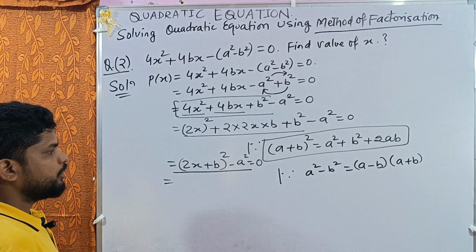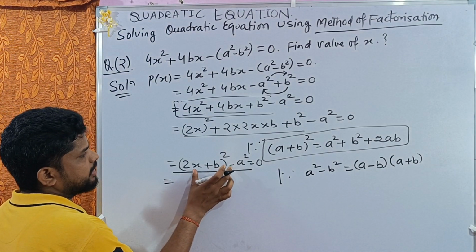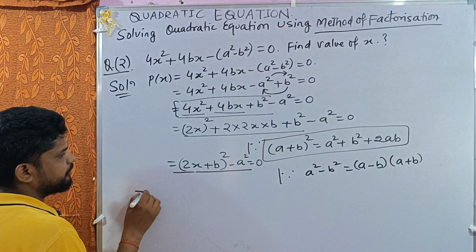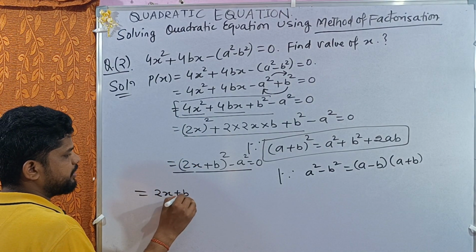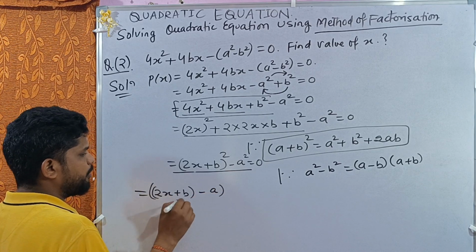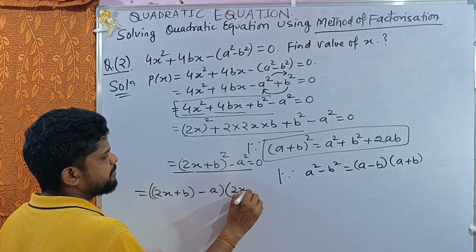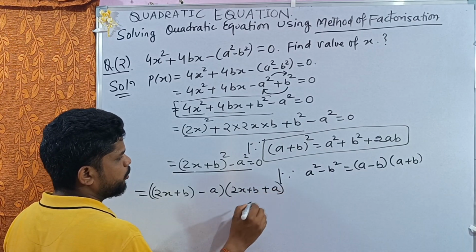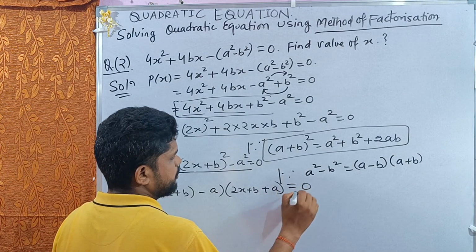So we can write this expression using this identity as 2x plus b minus a whole bracket, 2x plus b plus a whole bracket is equal to 0.